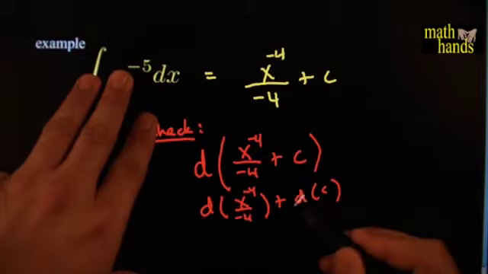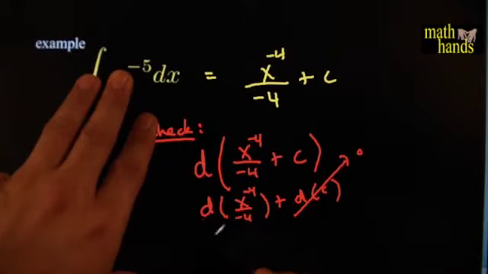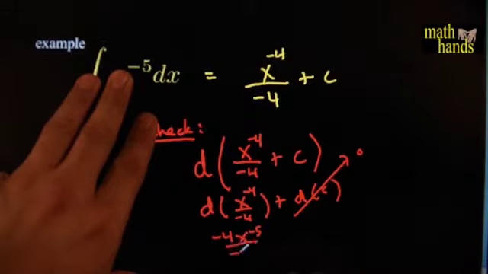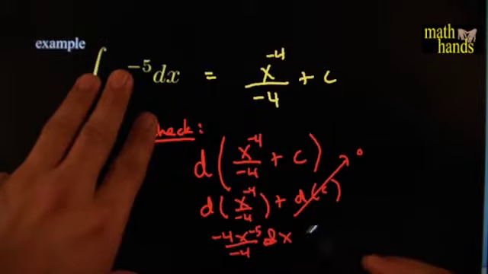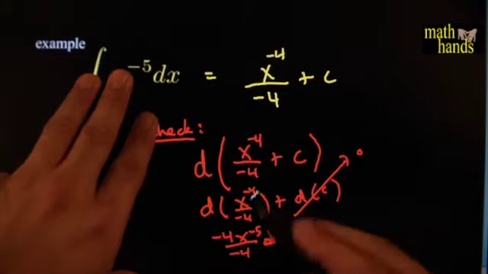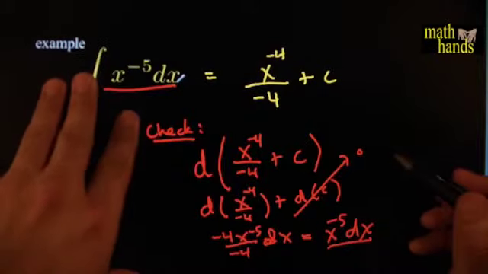This part goes to 0, so forget about that one. This one, you bring it down, that would be negative 4x, and then you subtract 1, that would be negative 5, all over negative 4. This would cancel, and then you have a dx by using the chain rule. You bring it down, subtract 1, the differential of the stuff, so that would give you a grand total of x to the negative 5 dx, which indeed matches what we started off with.